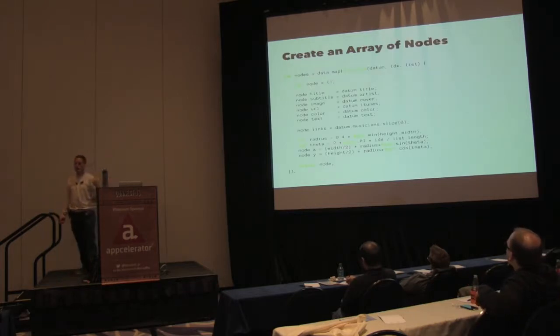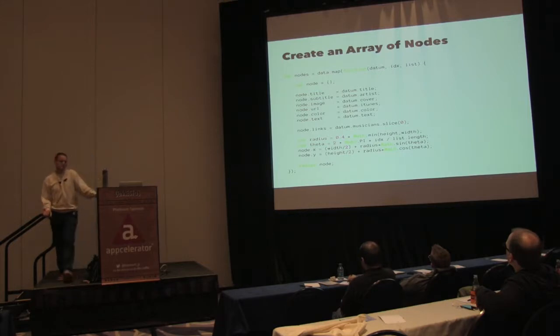Once we have our data, we do need to massage it into a structure that D3 can deal with. For a force-directed graph, as we'll see, D3 has some really nice things that will help us create that graph.